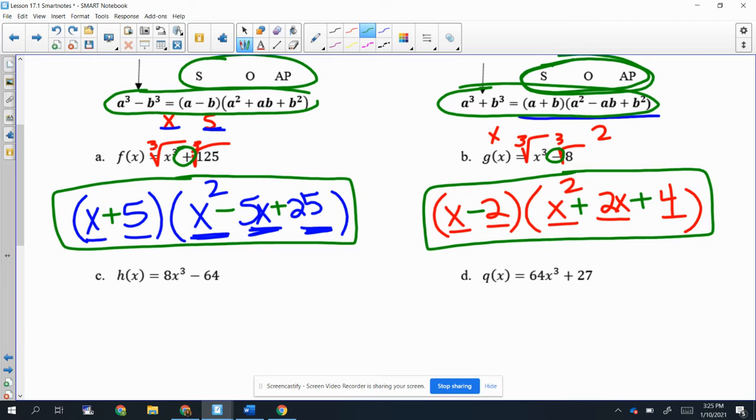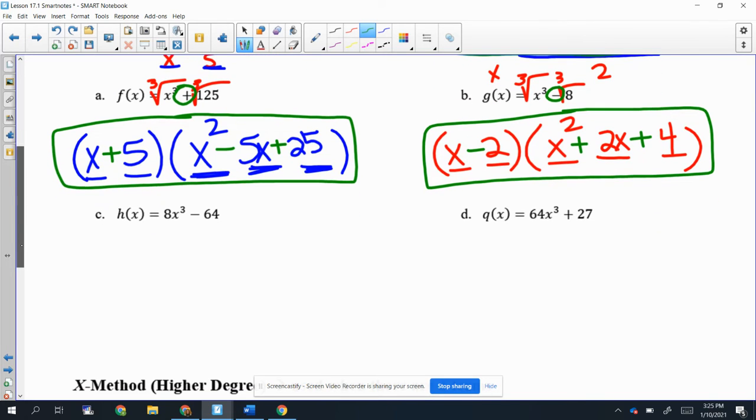Okay. All right. So then if we go ahead and take a look at C, actually, first thing here, we still are factoring. This is a type of factoring. So you still always want to be looking if you can take out a GCF first. And in this case, we actually can. We can take out an 8. So if I take out an 8, then I'm left with x cubed minus 8.